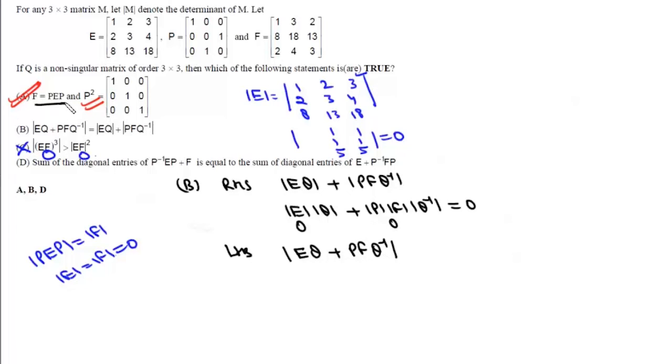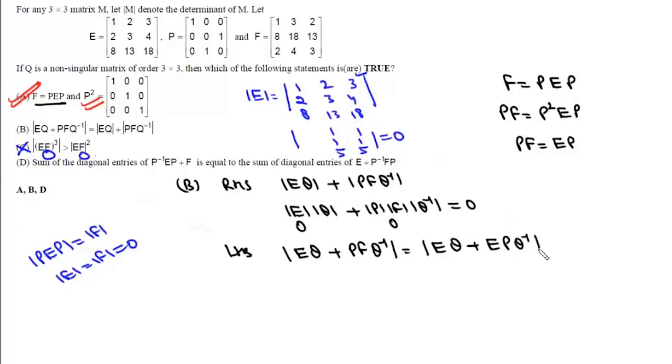Now from this first relation, which is F equals PEP, we multiply it with P, we can write PF equals P square EP, and P square is I. So this PF can actually be expressed as E into P. So we'll write this as EQ plus EPQ inverse. Now here we can write this as determinant of E into determinant of Q plus PQ inverse. Now determinant of E again is 0. So right hand side is 0 and left hand side is 0. That means this option B is also correct.